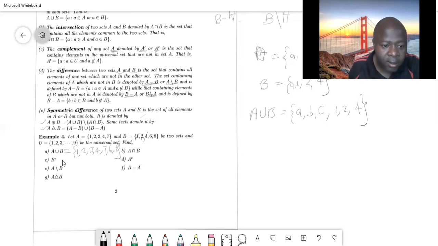Okay, let's get the intersection. The intersection are the elements common to the two sets.